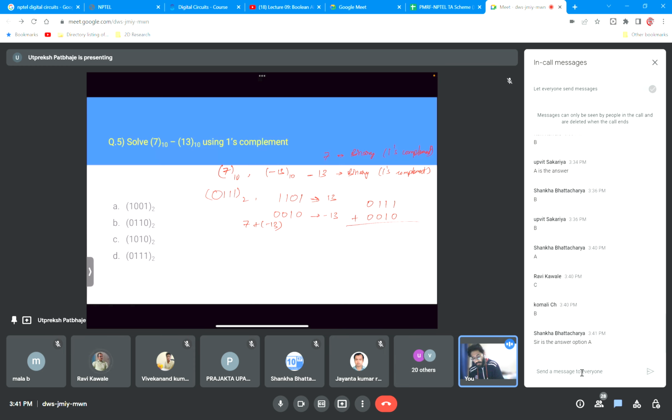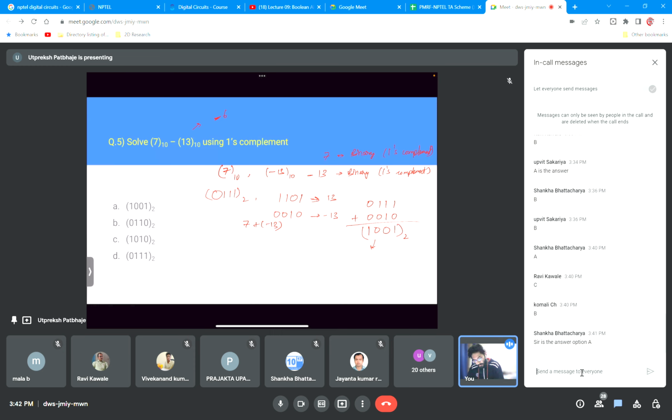you need to actually add them now. The basic addition rules you already remember. So this becomes 1001 in binary. But again, this is in ones complement form. If you directly see from decimal also, this will come out to be minus 6.